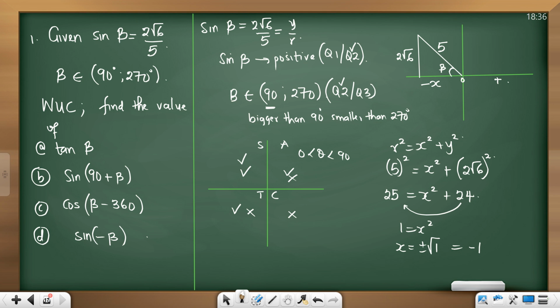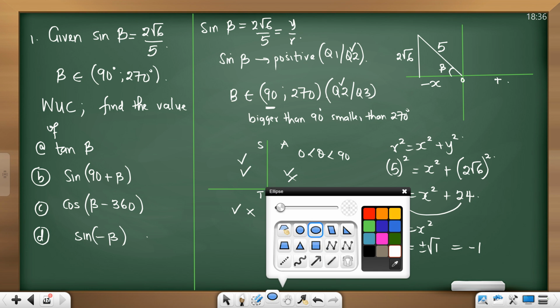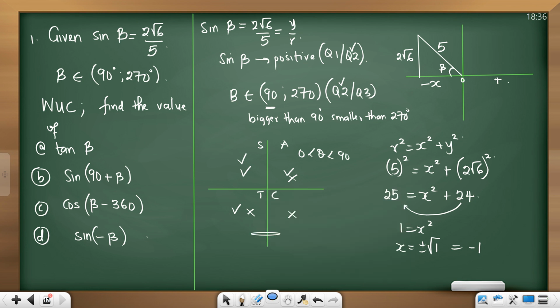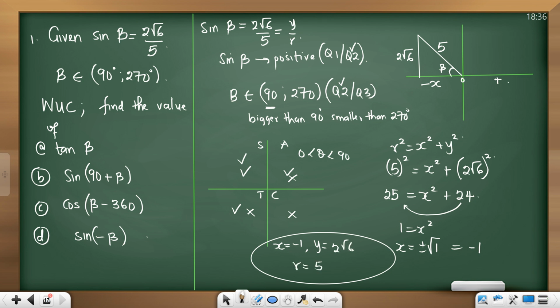Please let me know if we are okay. All that matters, I now have. What matters is x, y, and r. X is negative 1, y is 2 root 6, and r. That's all that matters to me.